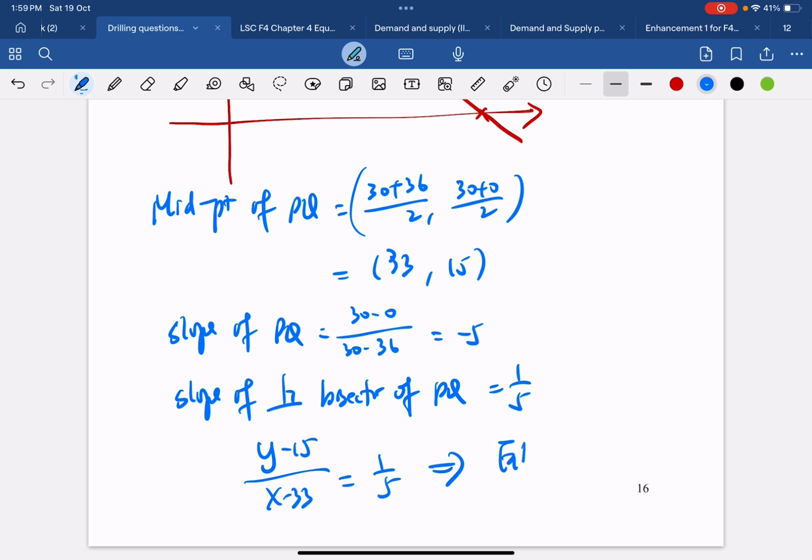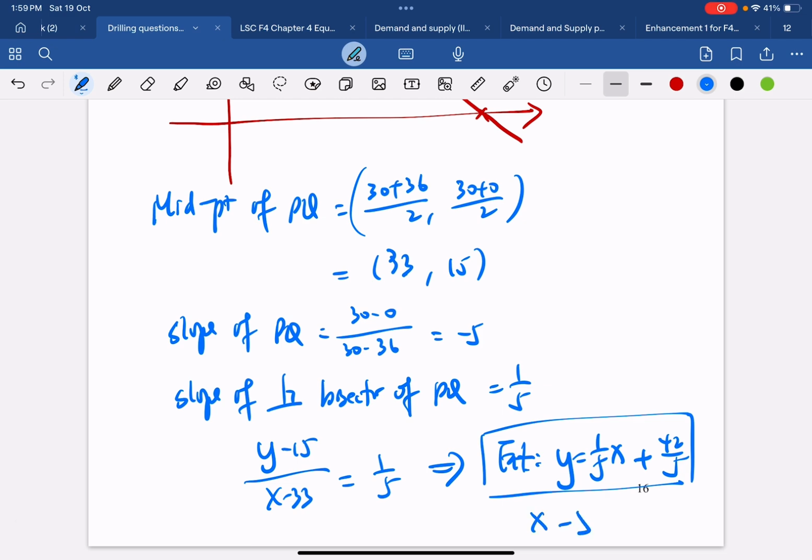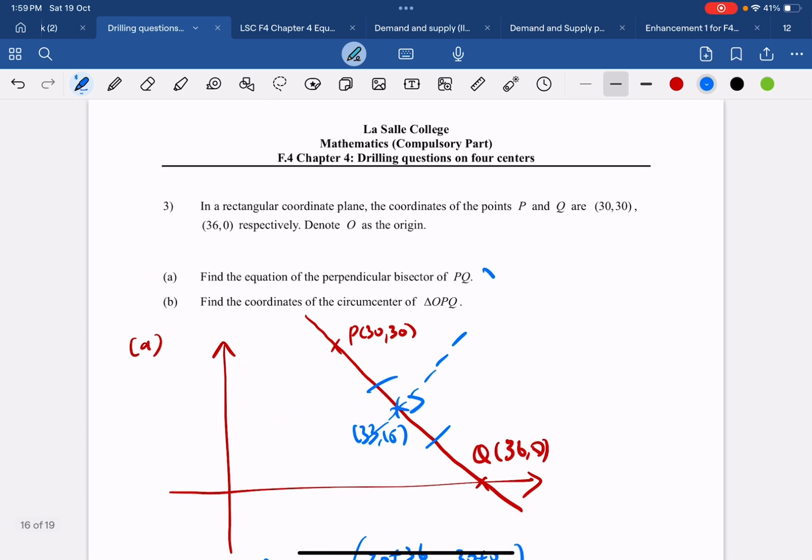So the required equation, for sure you need some steps, would be y equals 1/5x plus 42/5. That's the answer for part A. Or you can just write x minus 5y plus 42 equals 0. Got it?